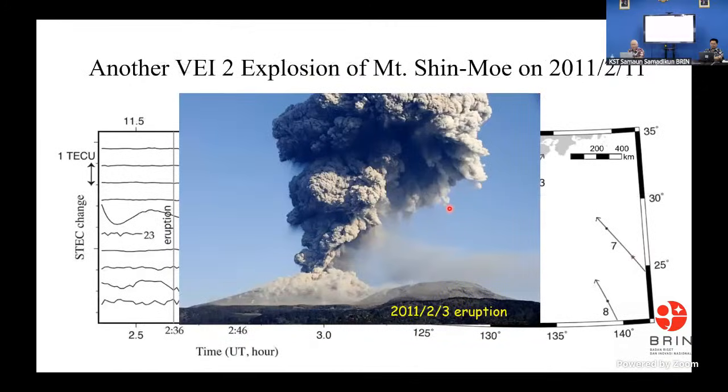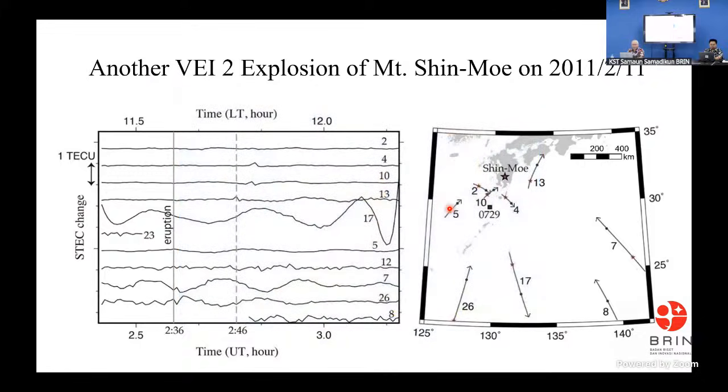Okay, this is Shinmoe volcano, VEI 2 in 2011. This is just 1 month before the magnitude 9 earthquake. And this also made a disturbance in the ionosphere.